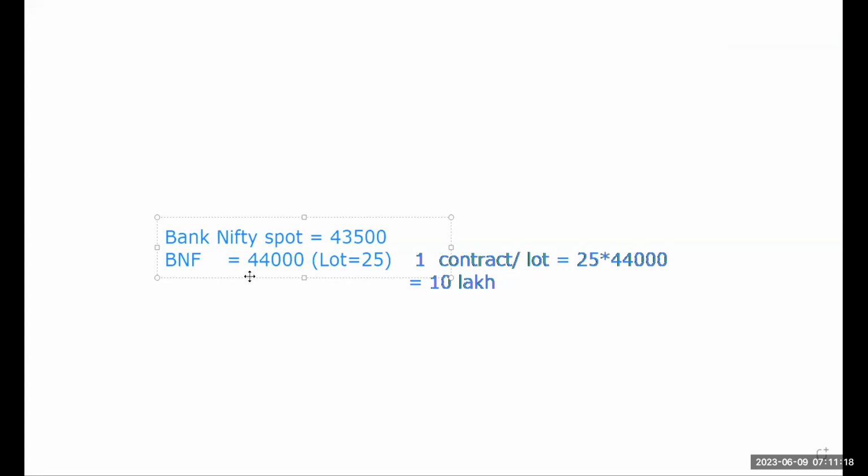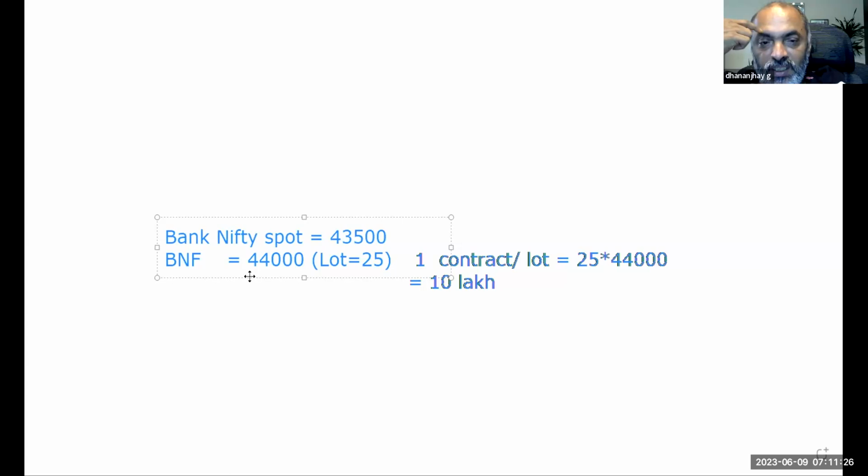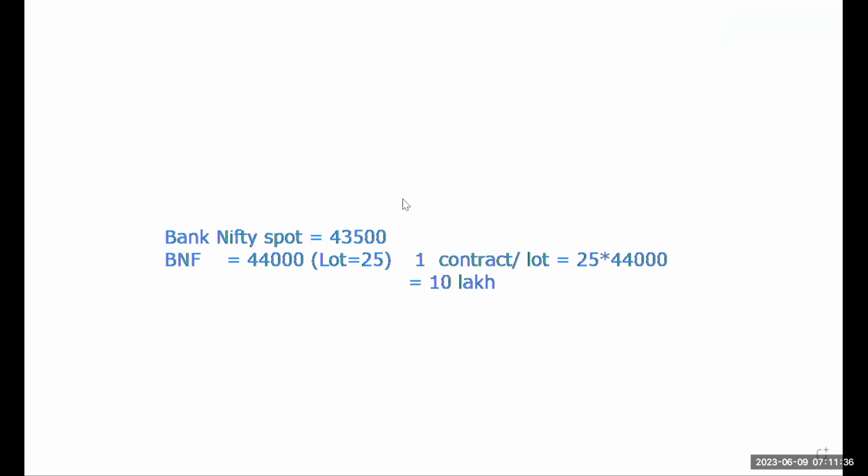Okay, that means you are taking only the difference of the futures contract. You be very clear on that. I am taking only the fluctuation of that futures price into lot size. That will give me my profits or losses.